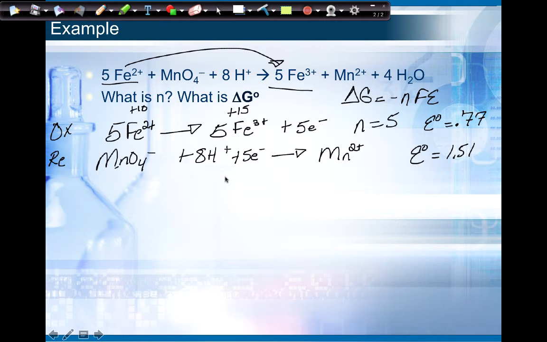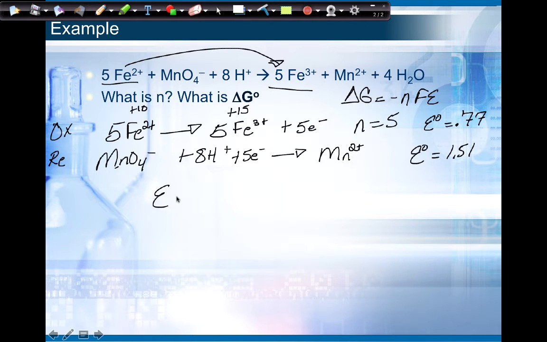Remember, you can plug it into the equation if you can remember which one is being subtracted from what, or you can just simply remember that if it's being reduced, then this value can just be left as is. If it's being oxidized, it's going to be the opposite. So you will take the sum after you figure that out.